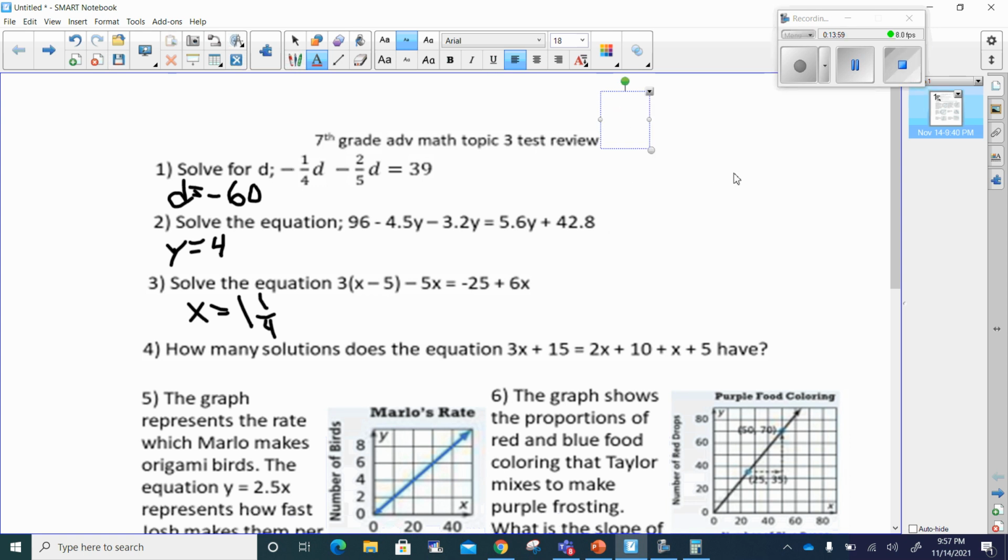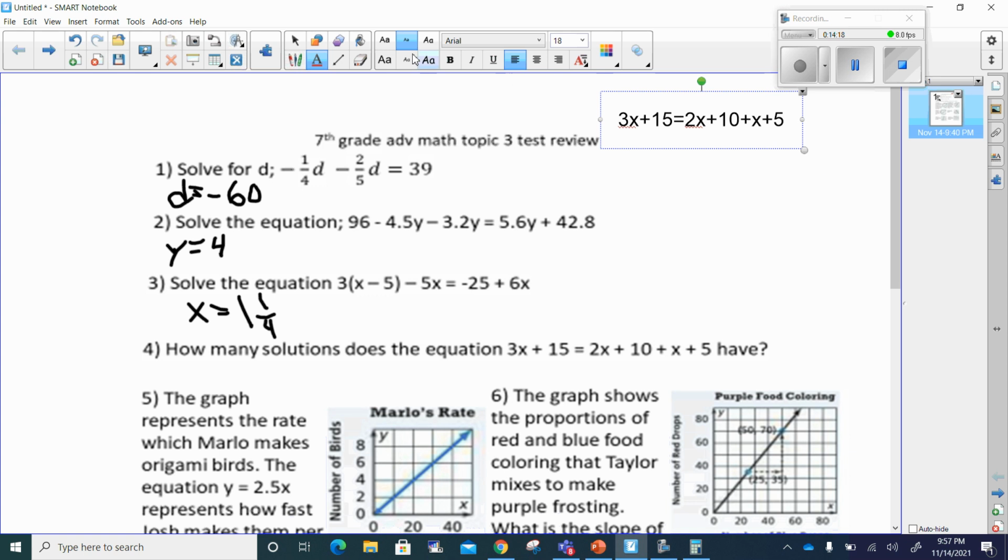And now I've got 3x plus 15 equals 2x plus 10 plus x plus 5.